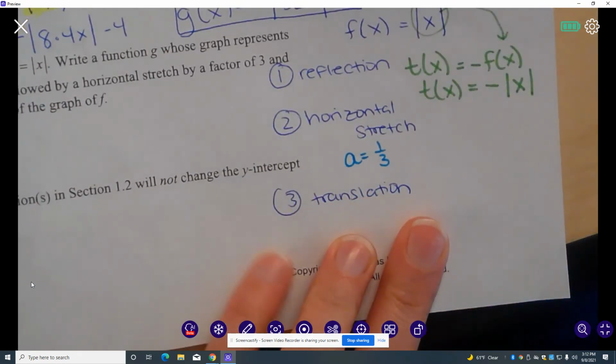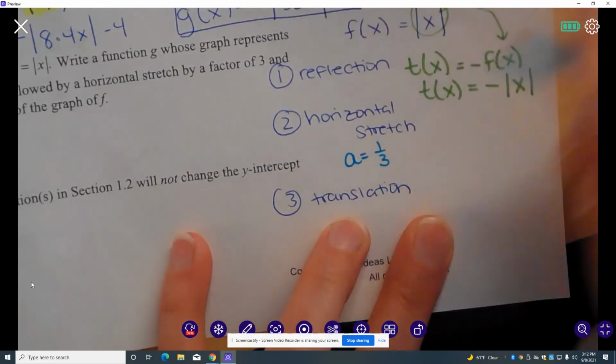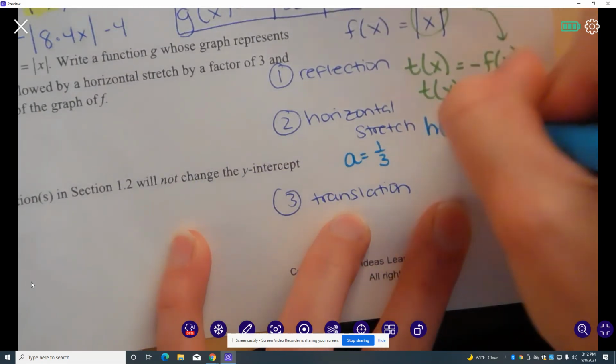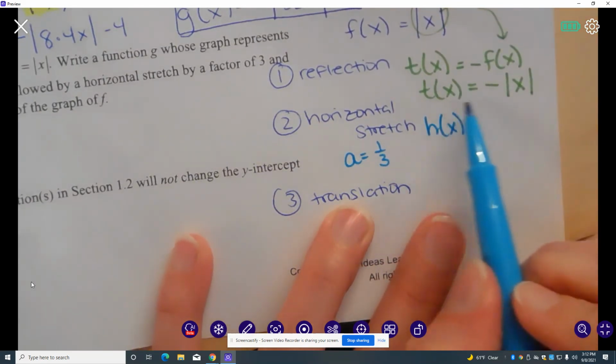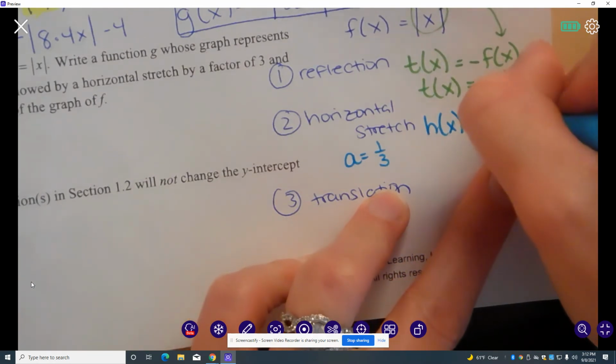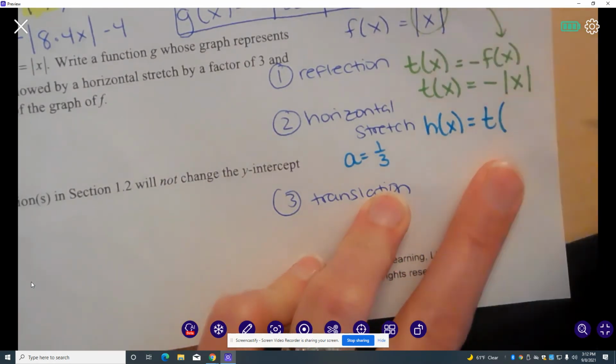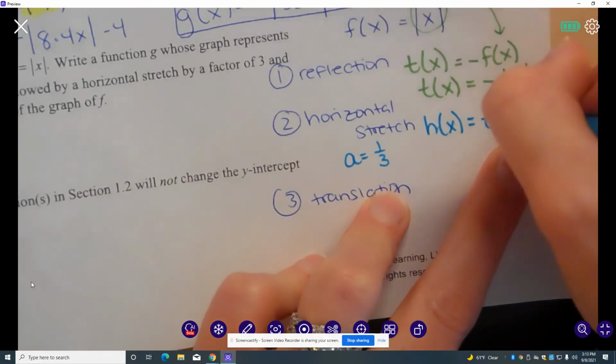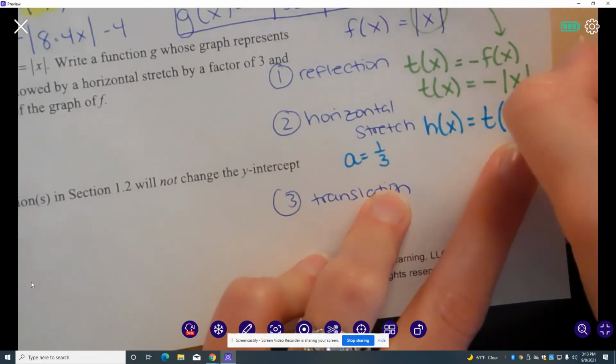So I'll call this new function h of x. Okay, so h of x, I need to do the horizontal stretch to t of x. So I'm going to multiply by that 1/3 inside the function.